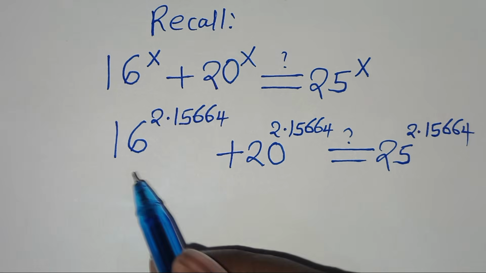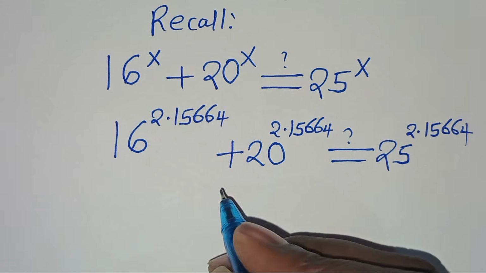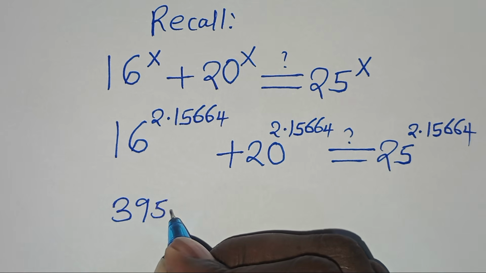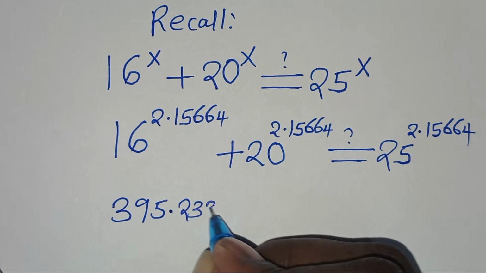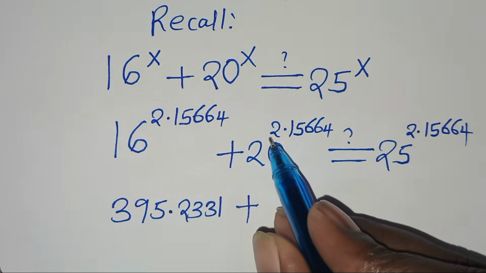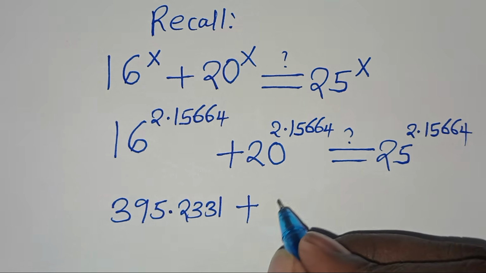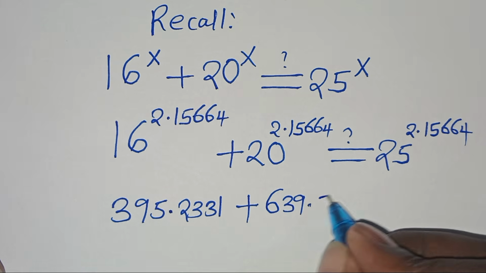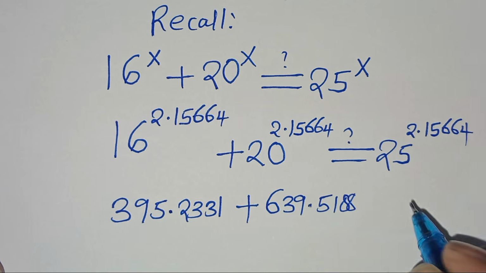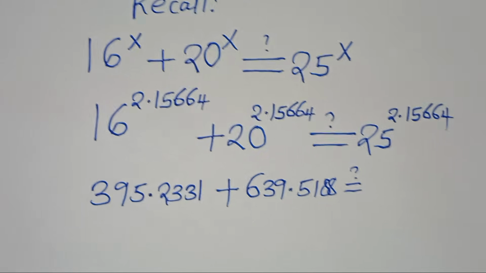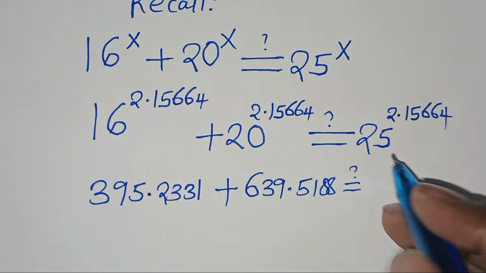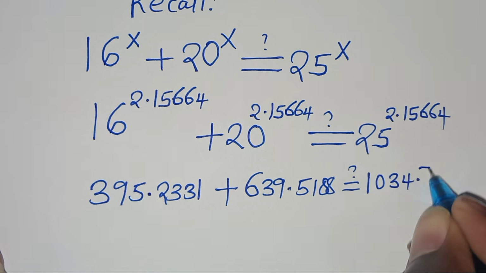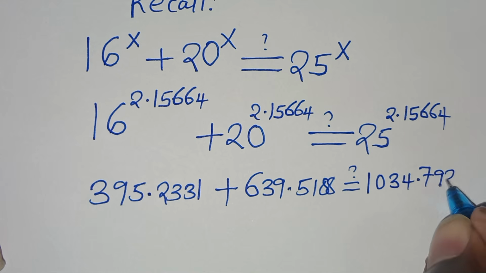So what we have here, 16 to the power of 2.15664 is the same thing as 395.2331, then plus 20 to the power of 2.15664, which is the same thing as 639.5188, and this is equal to 25 to the power of 2.15664, which is 1034.79266.